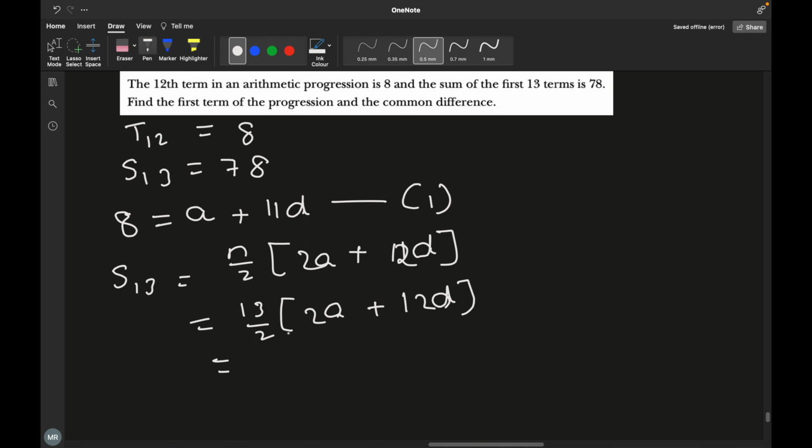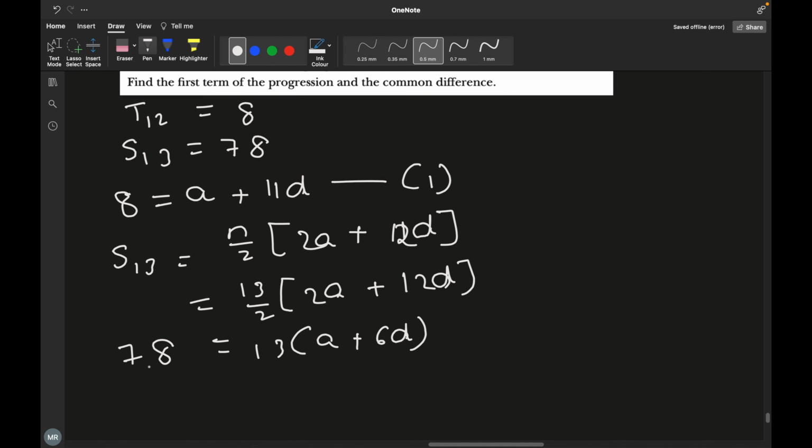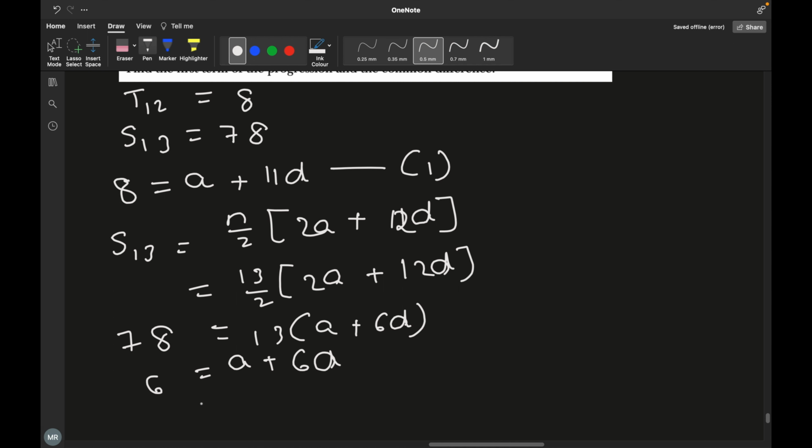We can simplify this. So we get 13 multiplied by a plus 6d, and therefore this is 78. If we divide this by 13, we get 6 is a plus 6d, and we can rewrite a.